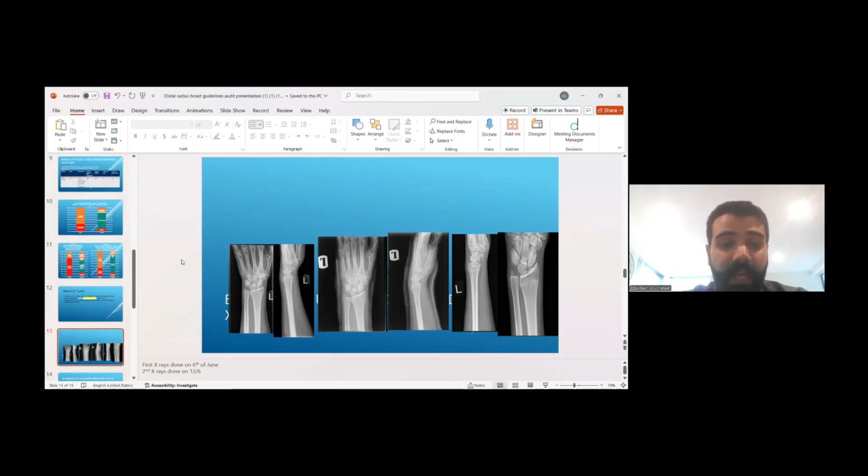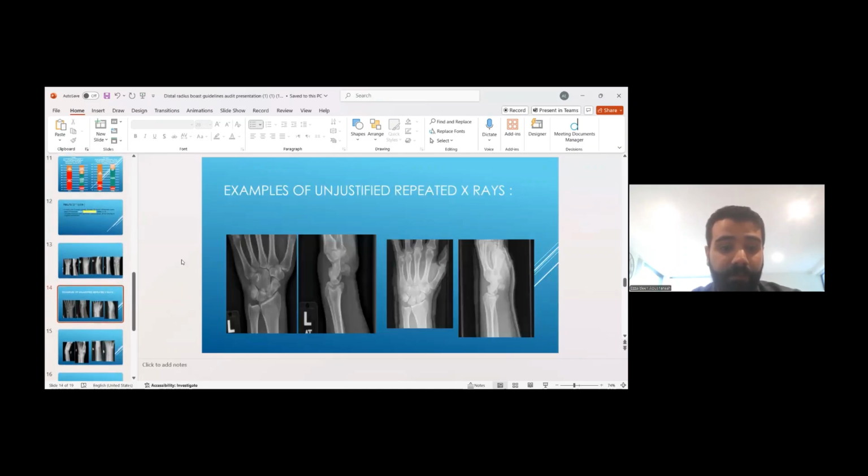There was no further force or trauma that triggered repeating radiographs, so this X-ray was not indicated. This patient also had another X-ray after 1 week. Again, this is a stable fracture, and this X-ray was also not indicated.